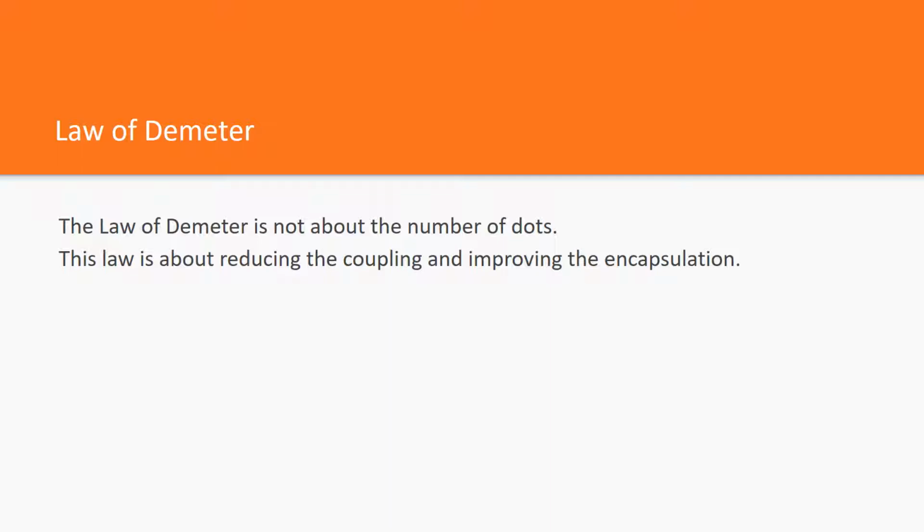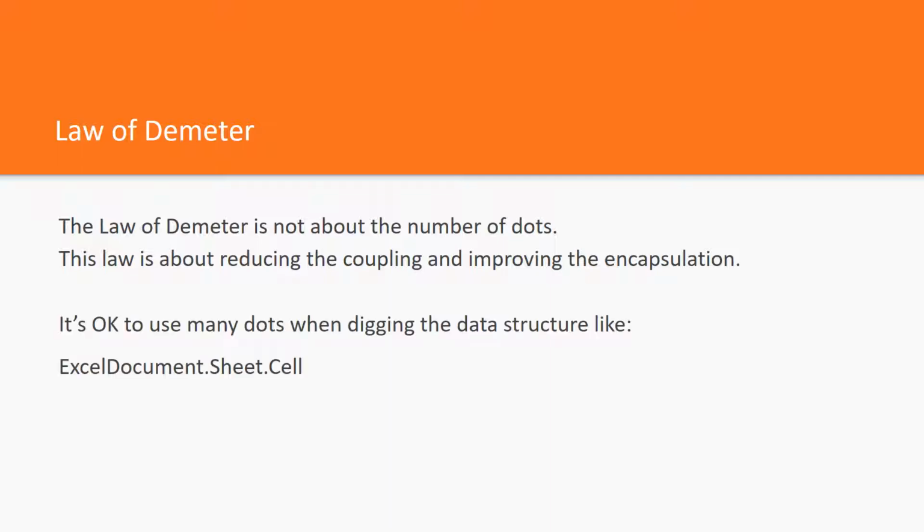When we are talking about data structures like those exposed by an Excel document, it's perfectly fine when its API allows you to dig into the structure of the document like this: Excel document.sheet.cell and so on. The same can be applied to Fluent APIs when each call returns an object, so you can build method chains. So, as always, don't treat rules as dogmas and try to understand the underlying meaning of the rule, instead of applying rules blindly.